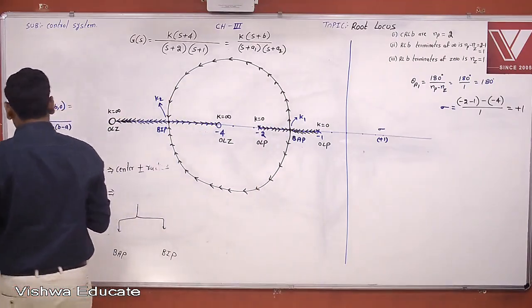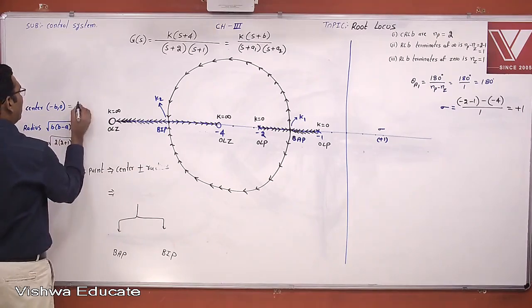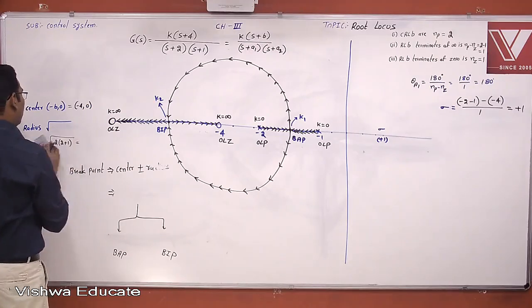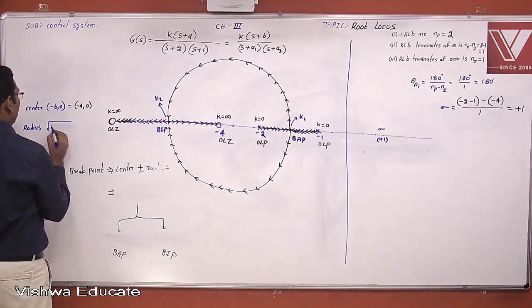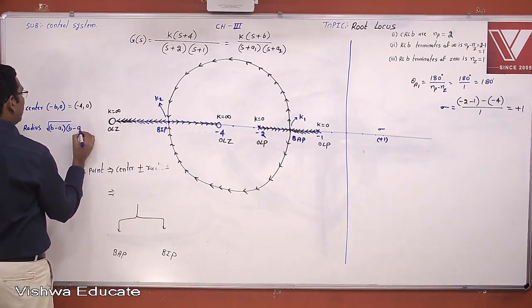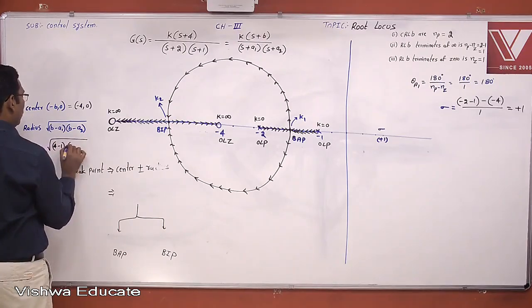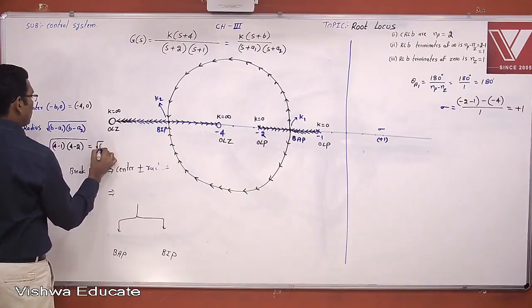So minus b comma 0 is the center, which is nothing but minus 4 comma 0. The radius is the square root of b minus a1 into b minus a2, which is the square root of 4 minus 1 into 4 minus 2, which is 3 into 2, so this is root 6.